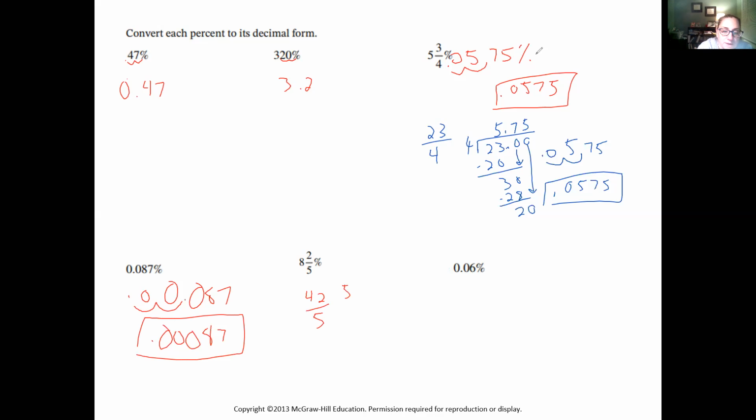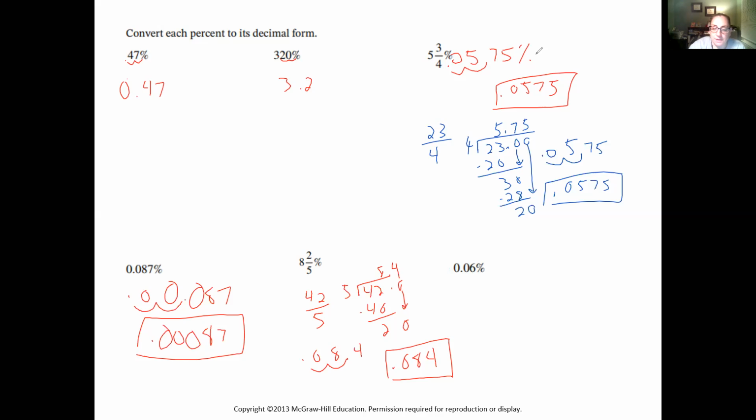Now I'm going to divide it. So you get 8.4, and then to the left, you would get 0.08.